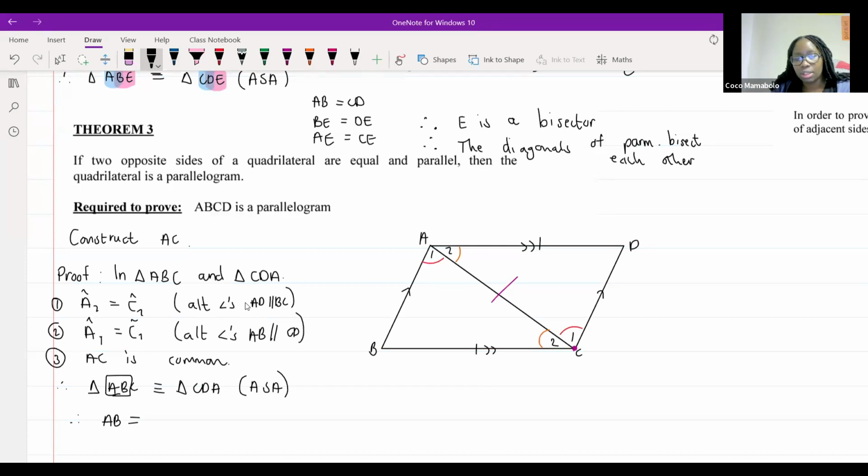CD. Absolutely, CD. That also tells us that BC is equal to DA. And if they're equal to each other, then that also means that they are parallel to each other. Oh, sorry. If we can prove that all sides are equal, the angles are equal.